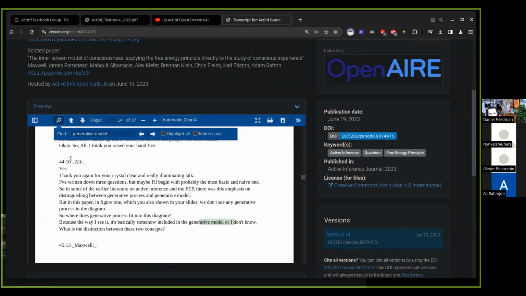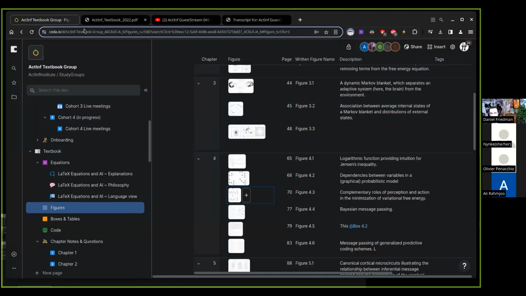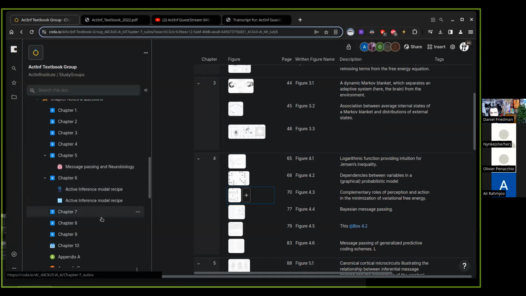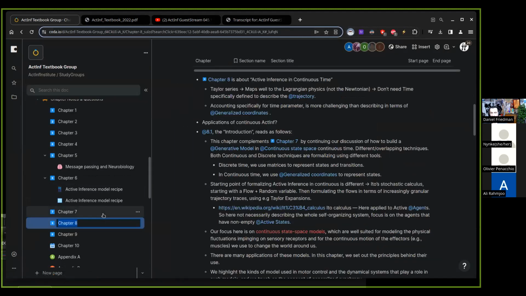But as I said before, I believe active inference is more concerned with situations that have a non-empty set of active states.